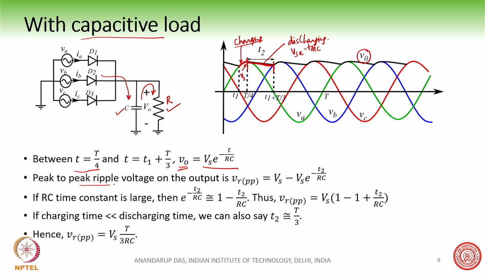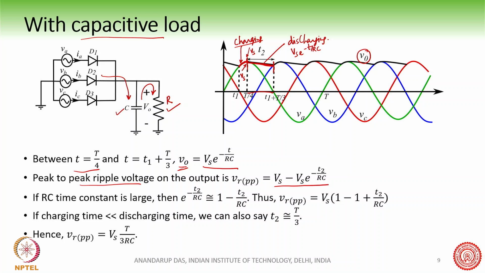So the peak to peak ripple voltage on the output, VR peak to peak, is Vs minus Vs into e to the power minus t2 by RC, where t2 is this time instant.